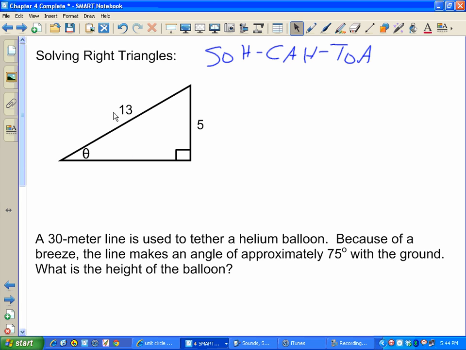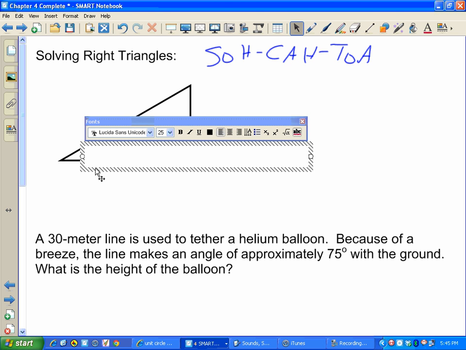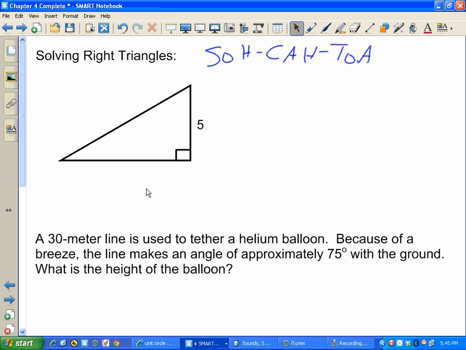But let's say I don't have a side, but I do have an angle. So let's say this is, I don't know, we'll make it one that we can actually use, make it pi over 4.